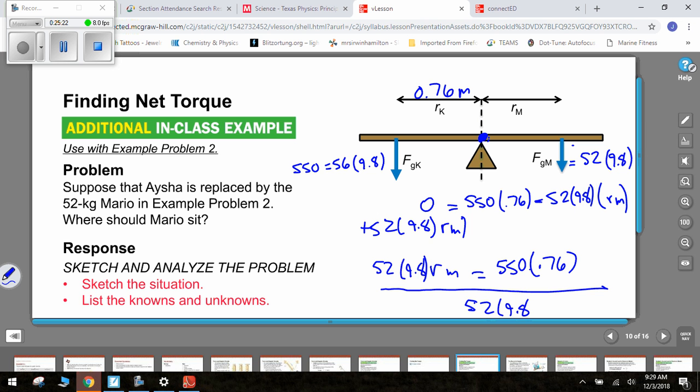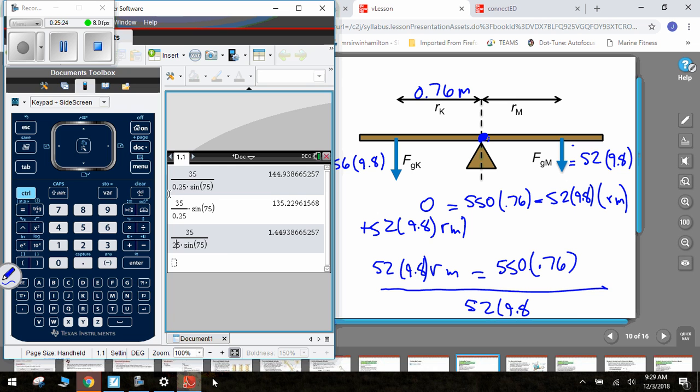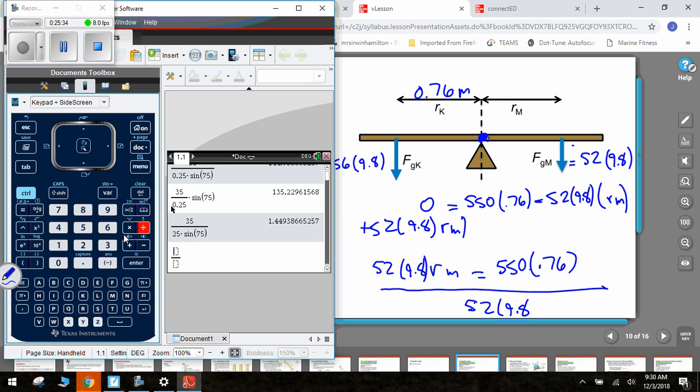All right, so this is when you take out your calculator again. So you can use the magic fraction button. There it goes. 550 times 0.76 on the top. On the bottom, I got 52 times 9.8.